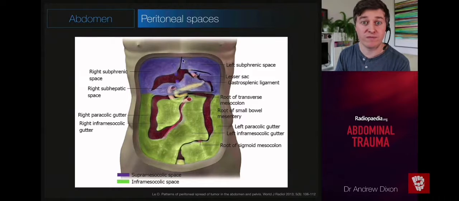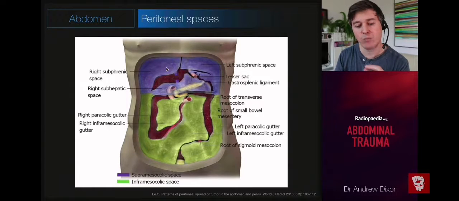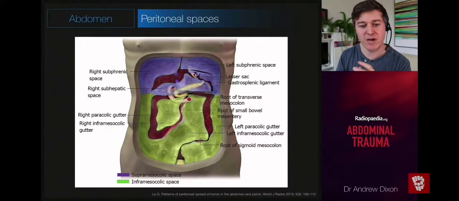So you remember that the foregut, which has the stomach and the spleen and the liver, does a 90-degree rotation embryologically, so that the spleen goes off to the left and the liver goes off to the right. And what that does is it segments the peritoneal compartment into a big sac, a greater sac, and this small lesser sac gets trapped behind the stomach in front of the pancreas and the duodenum.